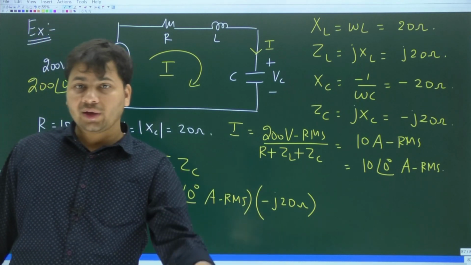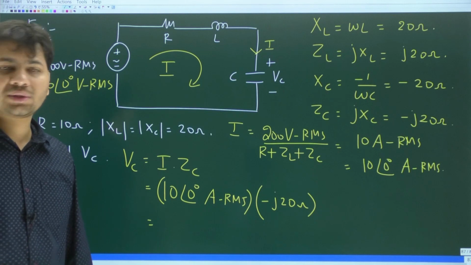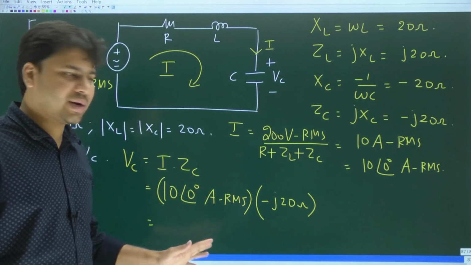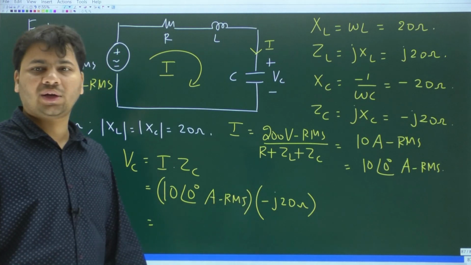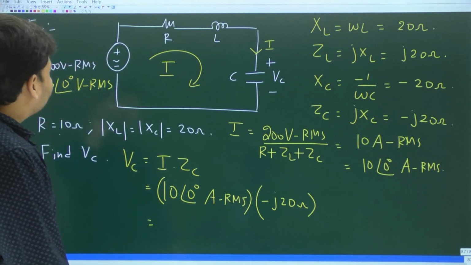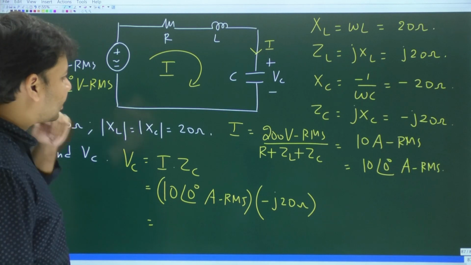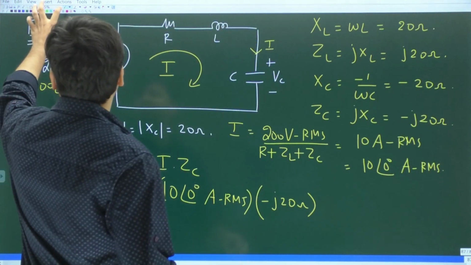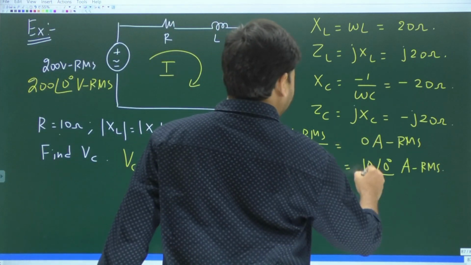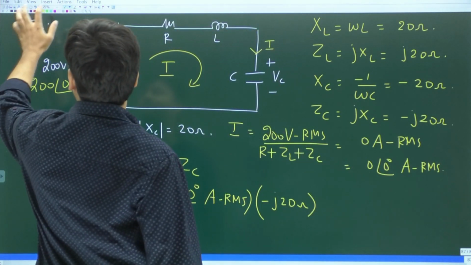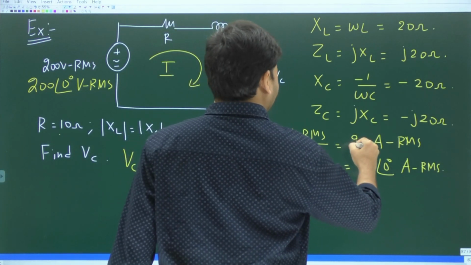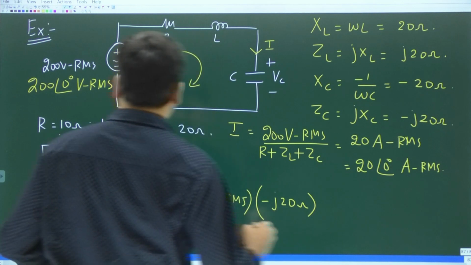Oh, I'm sorry, the current is 20, because 200 by 10 is 20.